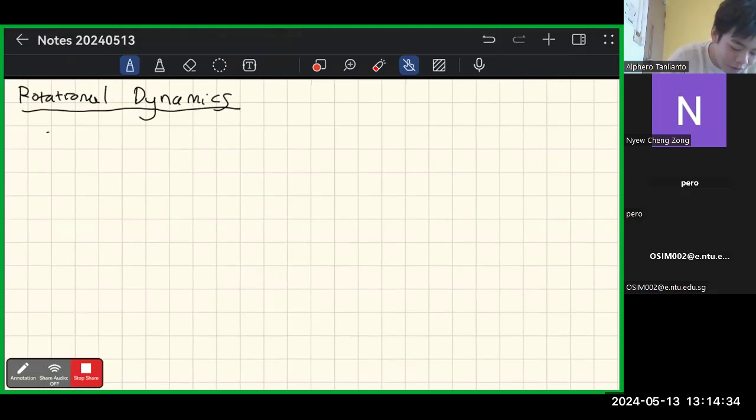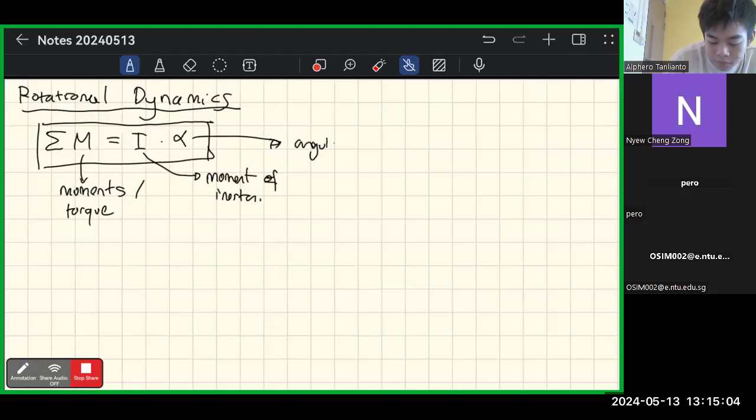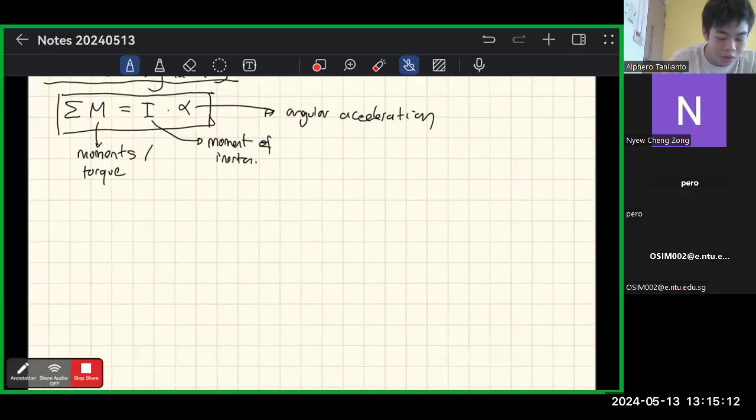I would just like to write this equation: the sum of the moments, or torque, equals I, which is the moment of inertia, times the angular acceleration. So I think this is all, but today we have to talk more about the moment of inertia.